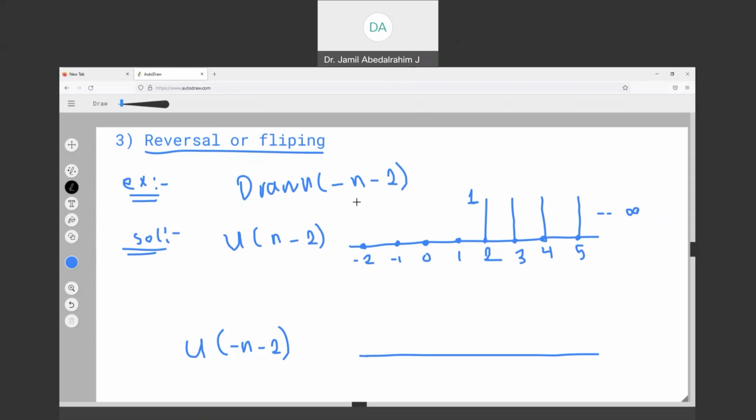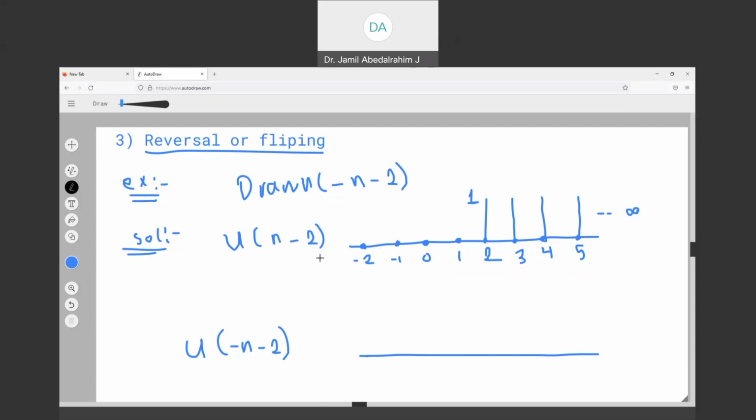How do we know from the given question that we need to use this type of transformation, reversal or flipping? We can know from the minus n. If we have a negative n inside the brackets, that means we need to use reversal or flipping. Okay, how to solve it?